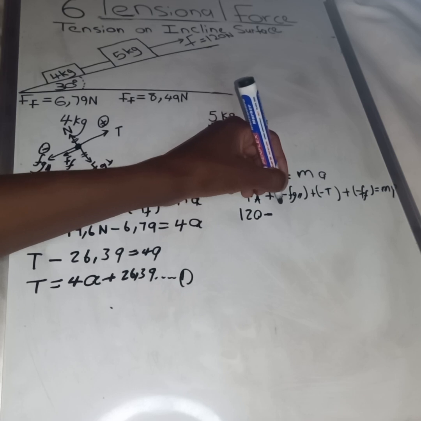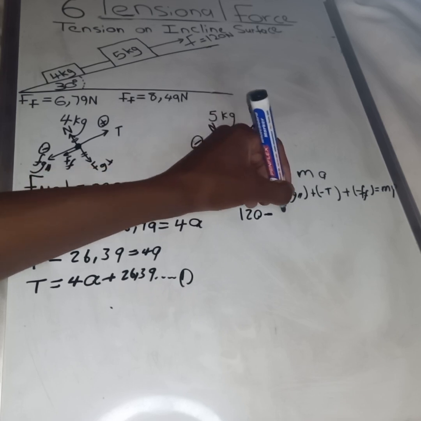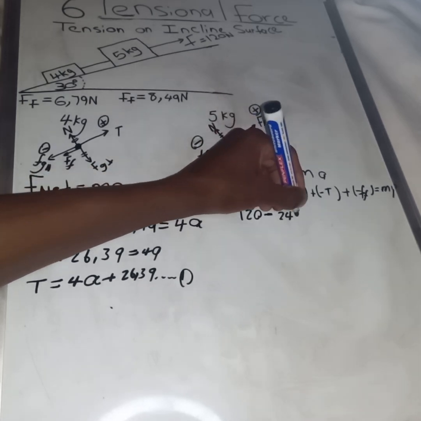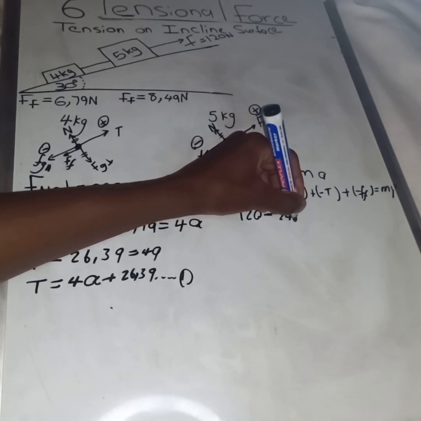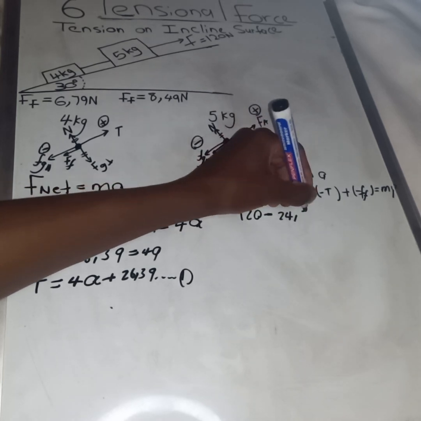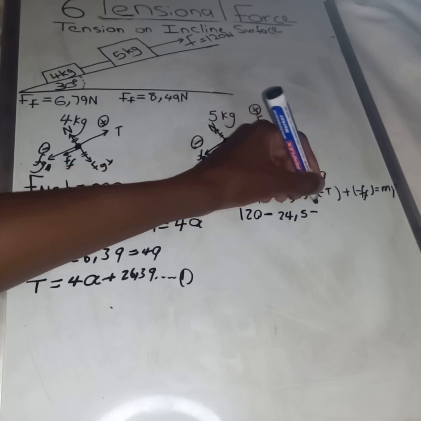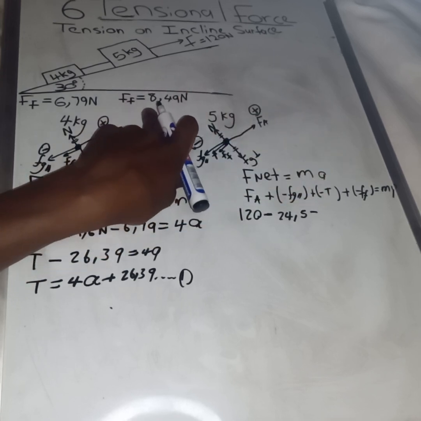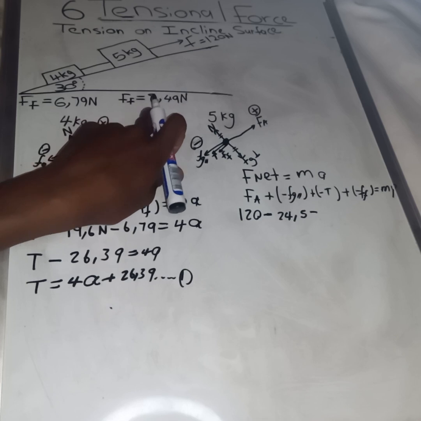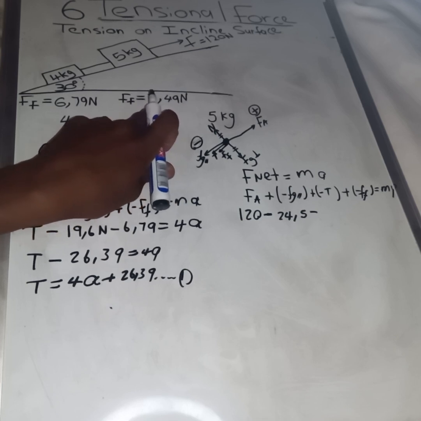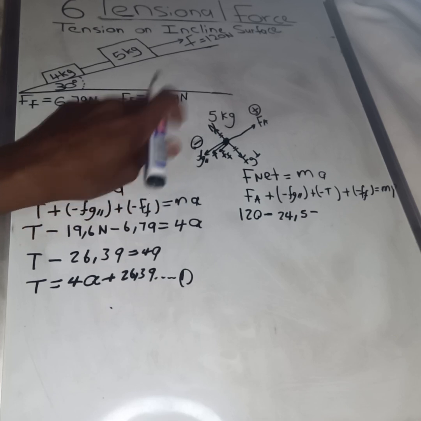The value of FG parallel, we are going to get 24.5 minus. We are given the value of frictional force. There's no need for us to calculate frictional force, we just have to substitute. So let's substitute.